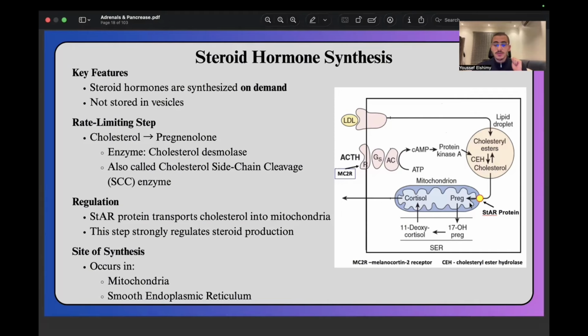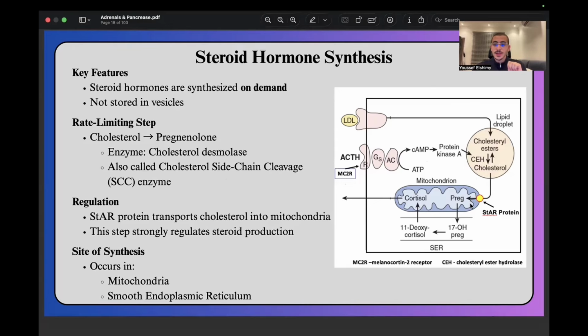Not only this, but then we have the rate limiting step, which is the most important step, which is controlled by the enzyme cholesterol desmolase, also called the cholesterol side chain cleavage enzyme, or the SCC enzyme. This enzyme converts cholesterol to pregnenolone, which is the first precursor towards producing glucocorticoids, mineralocorticoids, as well as adrenal androgens. So this is the rate limiting step.